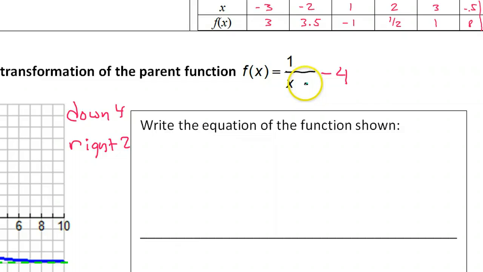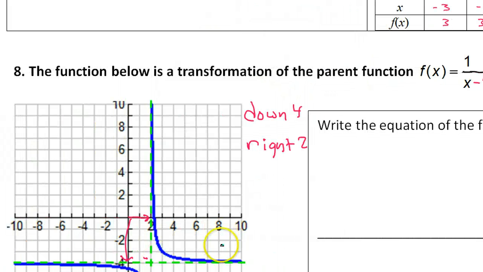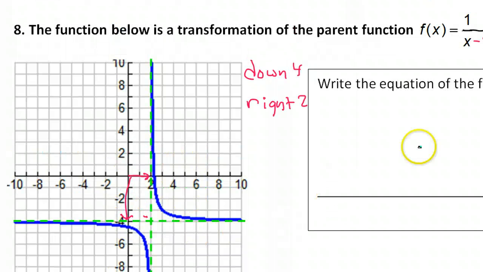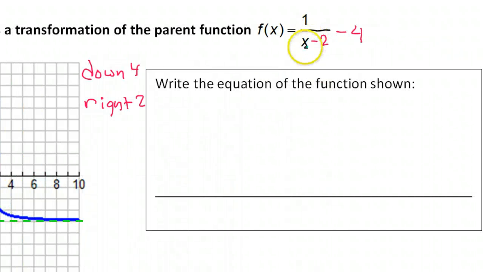But it's the opposite of what you would normally think. So if I wanted to move right 2, what I actually need is a -2 in this denominator. Let's start with that and see if it matches what we have. If we're lucky, there won't be any vertical stretch or anything like that.